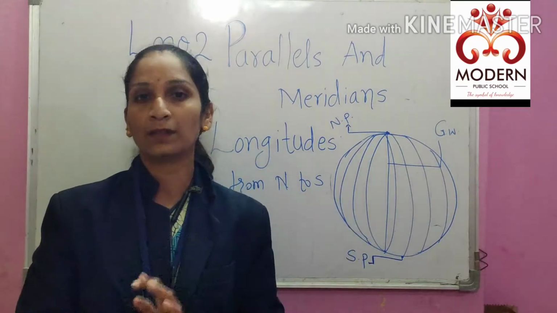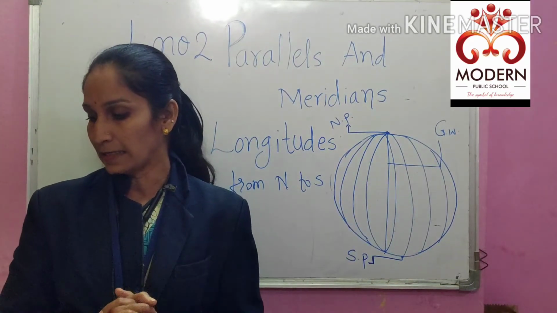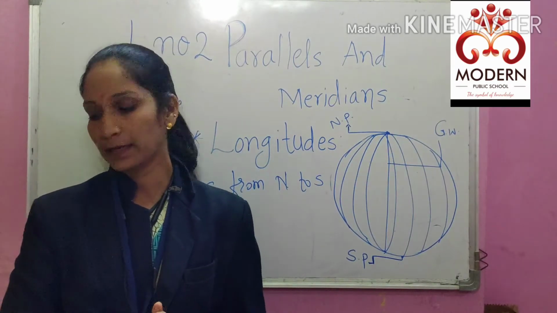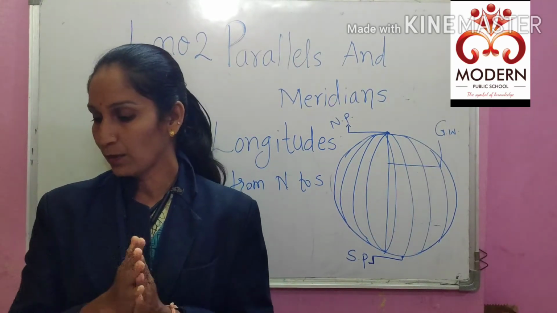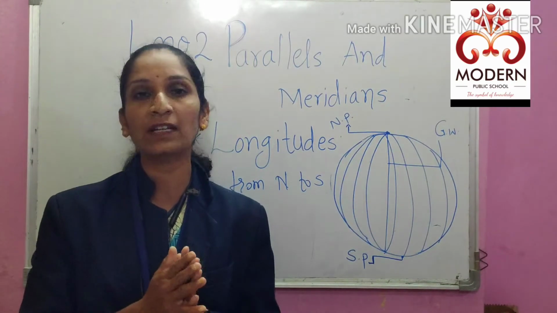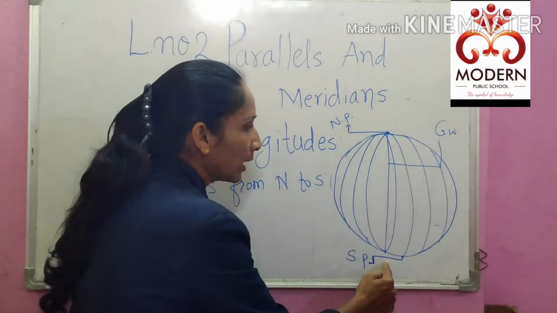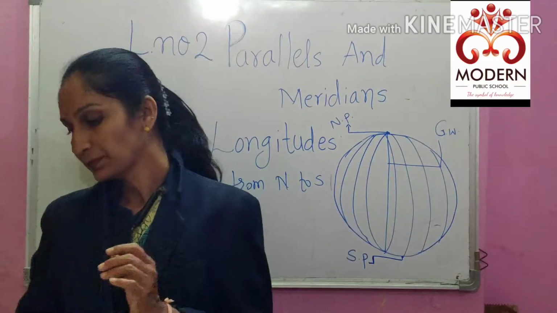You can see them on the globe. These lines are known as meridians, or lines of longitude. Meridians are imaginary lines that run from the North Pole to the South Pole.